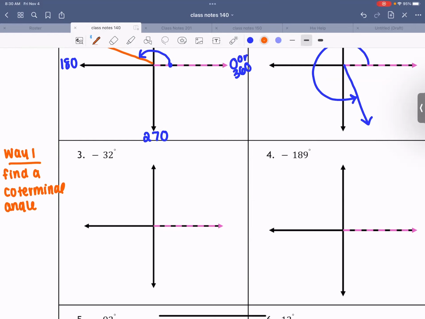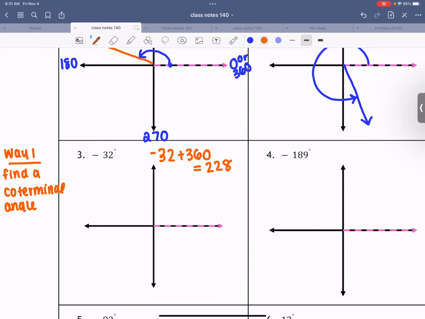How would I find a coterminal angle? Add 360, right? So you could take the negative 32, add 360, and gosh, I have a number written here, but I don't know what it says. Is it 228? I think that's what it is. Is that true?